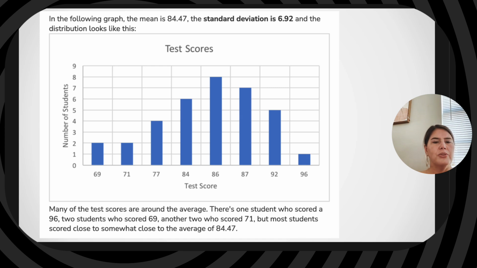There's one student who scored a 96, and there's one student who scored a 69 and a 71, but most students scored close to the 84.7. So it indicates consistency in student performance, which suggests that your teaching was effective for the entire class and that students are mastering the content at a similar pace.